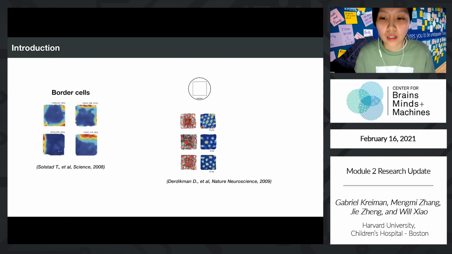spatial environment. Here I'm showing 3 grid cells, whose neuronal firing patterns look like a grid when the rodent is running around in this open area.